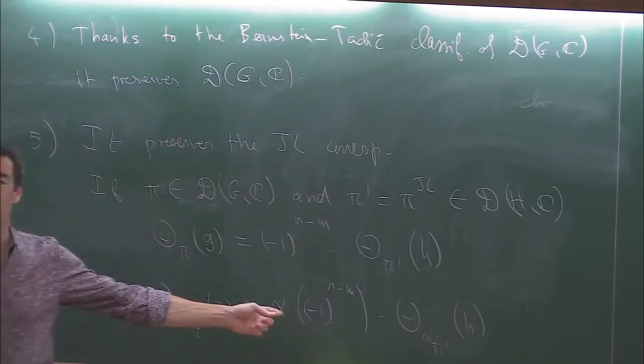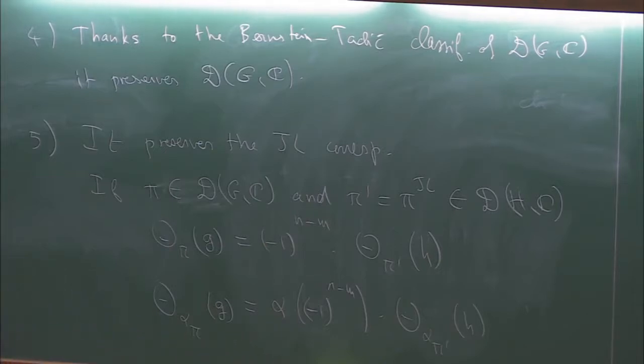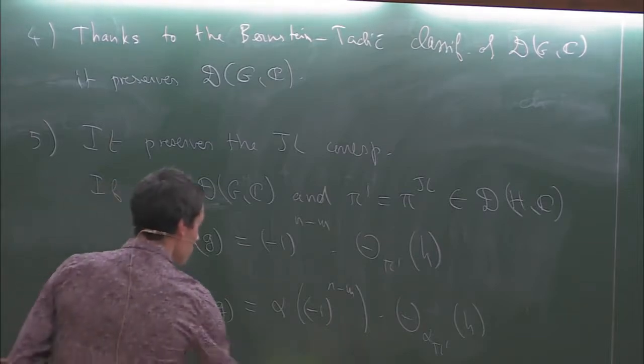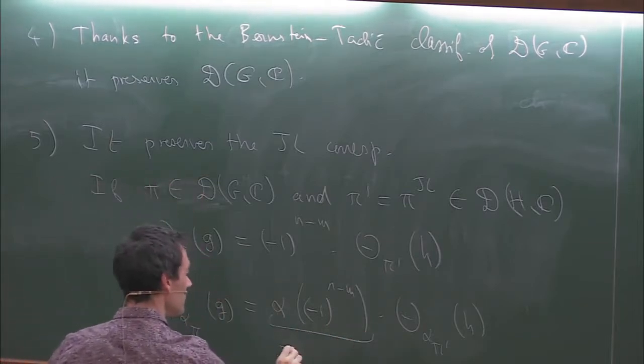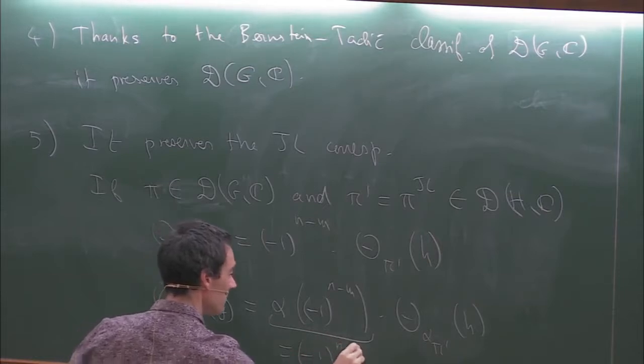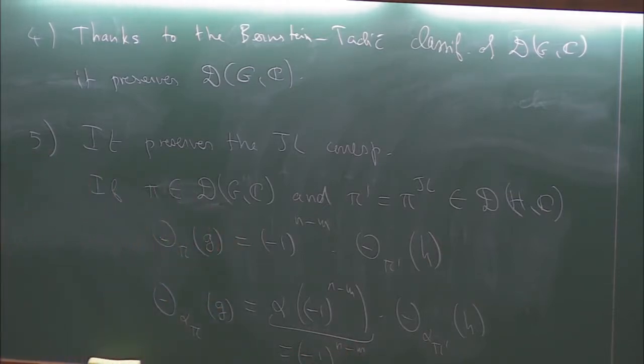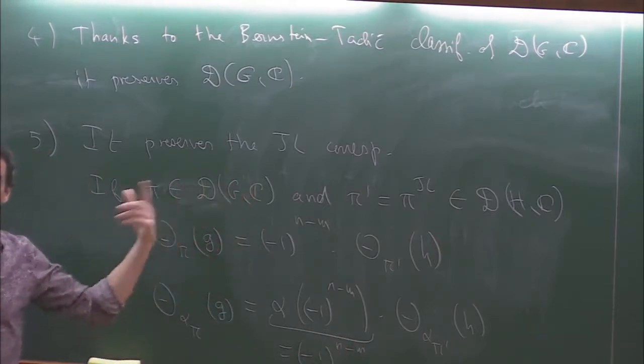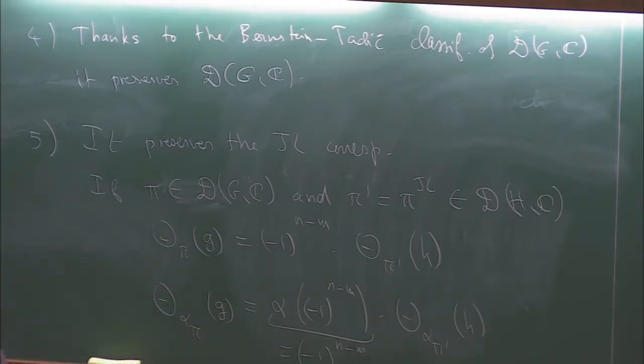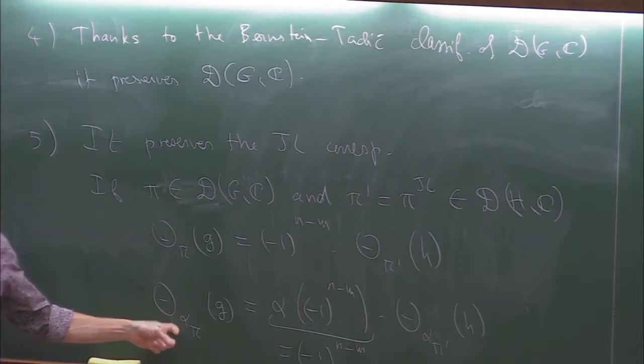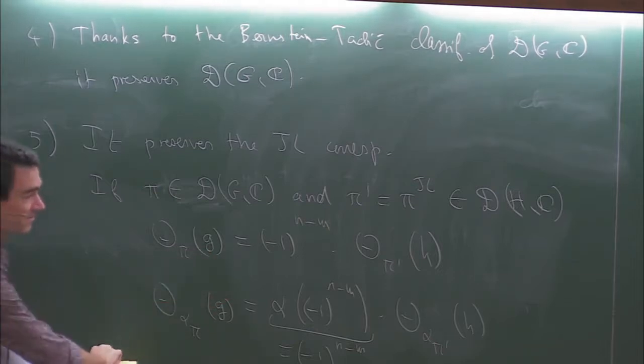But the sign is +1 or -1, so it will be preserved by alpha, whatever alpha is. And so it tells you that if pi and pi prime correspond to each other through the Jacquet-Langlands correspondence, the same holds for alpha pi and alpha pi prime.